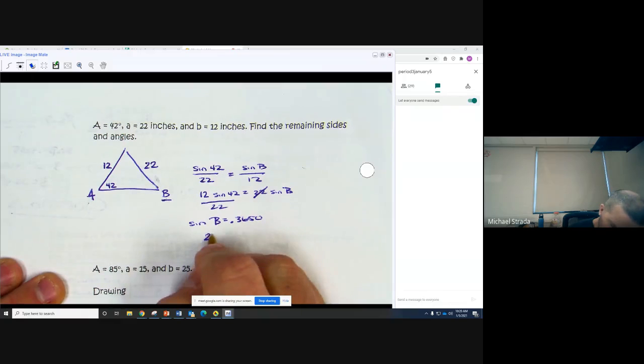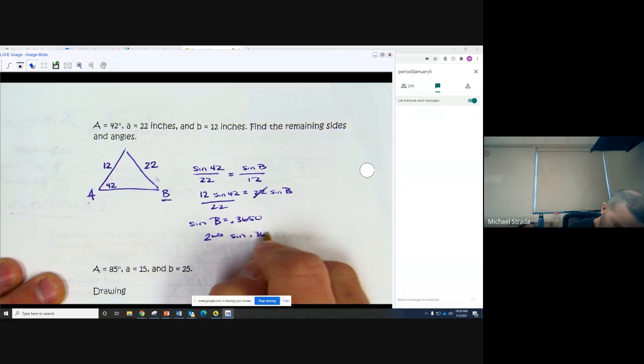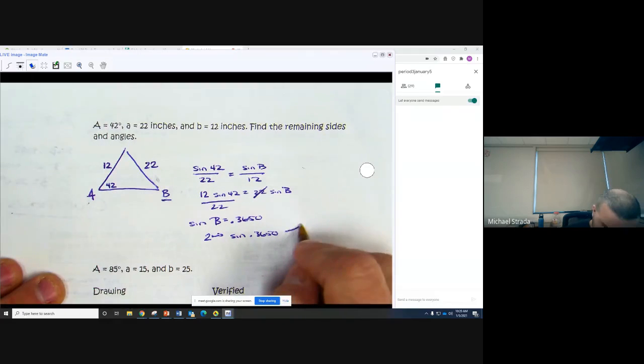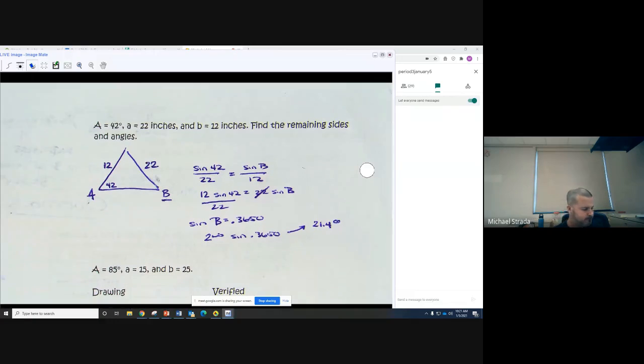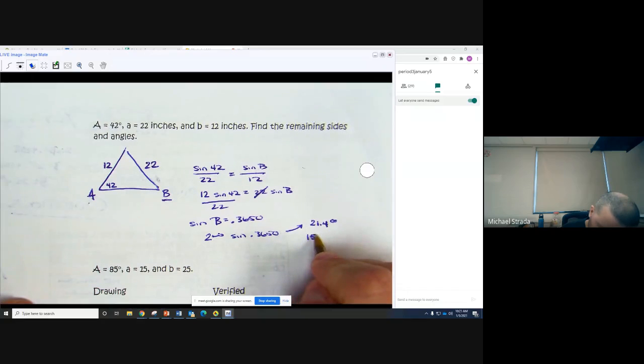We then do the inverse sine of 0.3650 in our calculators or computers, whatever we're using to do our homework. And the calculator will shoot out 21.4 degrees. You then automatically subtract that from 180 and you get 158.6.